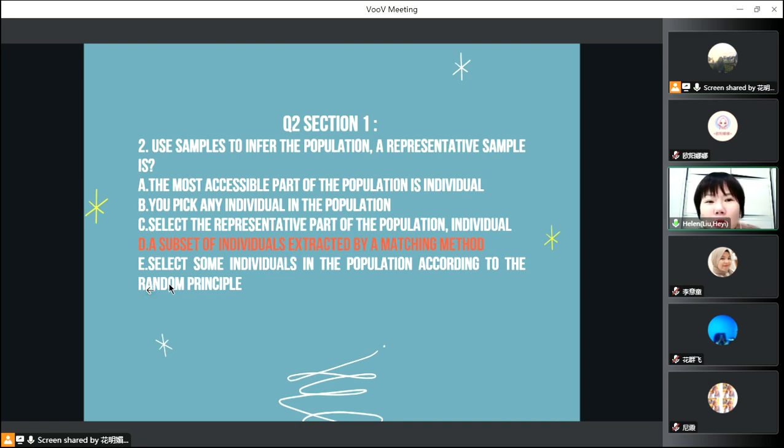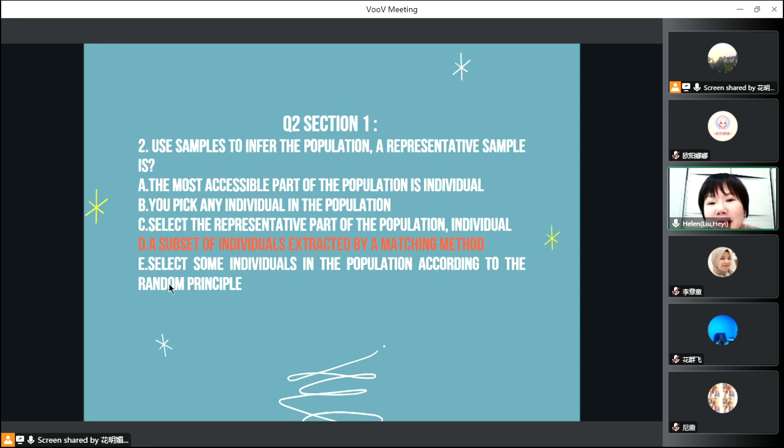Because we don't know which part of the population is representative. We have to choose data according to the random sampling principle. This is the standard. So for this question, why don't we choose D? Here it means a subset of individuals extracted by a matching method.